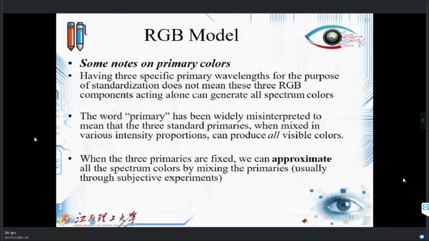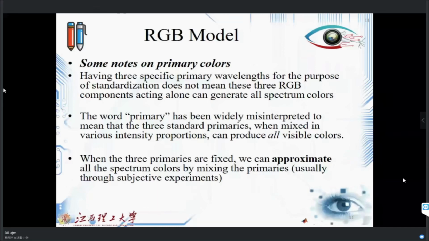About these primary colors, we should note that having these three specific primary wavelengths for the purpose of standardization does not mean that RGB components acting alone can generate all spectrum colors.